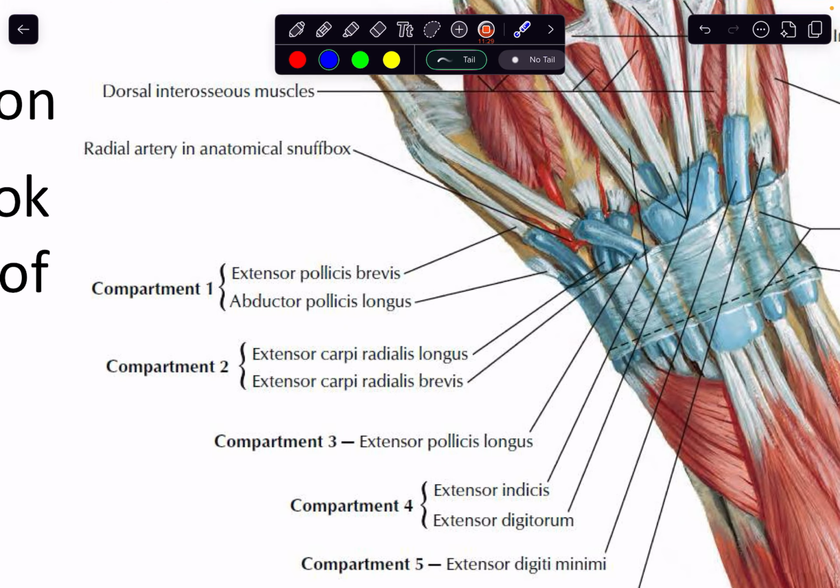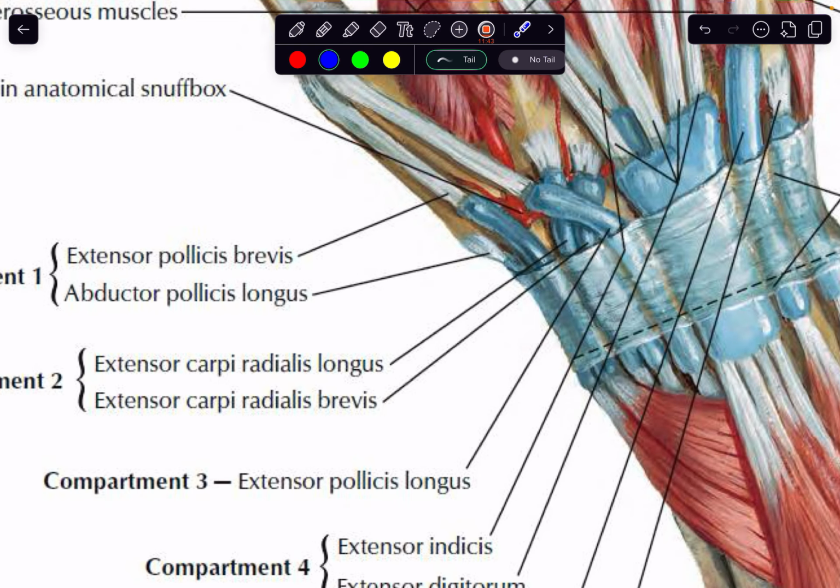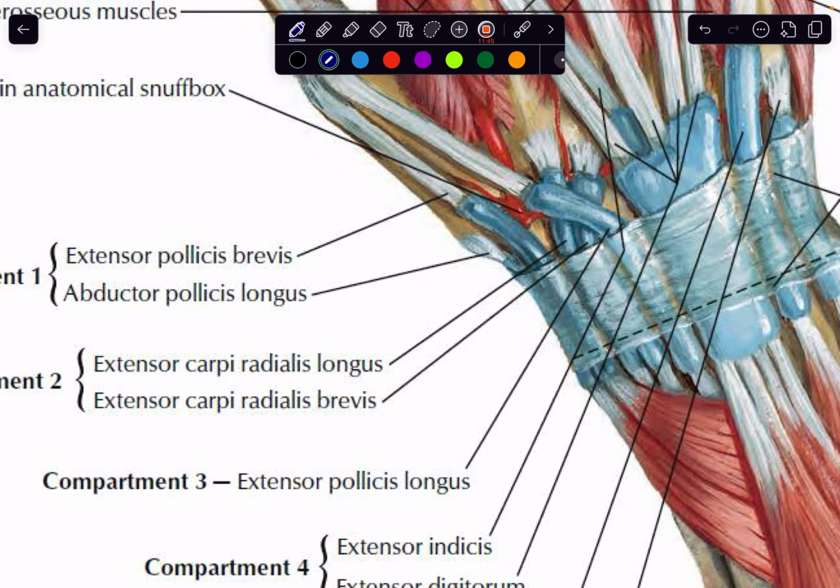As far as the insertion of these 3 muscles is concerned, it is very easy to remember: longus, brevis, longus. Extensor pollicis longus goes to the distal phalanx, and forms the medial boundary of the snuff box in the posterior direction.